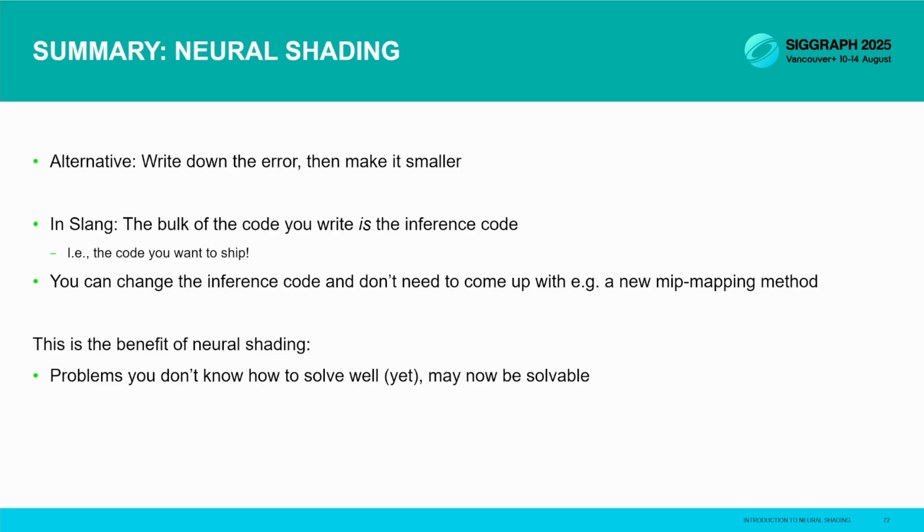But instead, you just iteratively improve your solution by running your inference code a bunch of times. And using tools like Slang that run in the graphics pipeline and have auto-differentiation, there's fairly little extra code involved that isn't your inference code, the code that you actually care about that produces the pixels in the end.